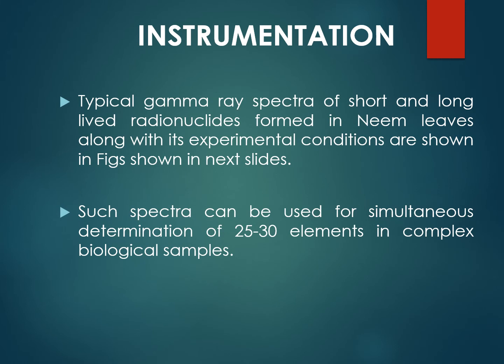The typical gamma ray spectra of short and long-lived radionuclides formed in neem leaves along with its experimental conditions are shown in the next slides. Such spectra can be used for simultaneous determination of 25 to 30 elements in complex biological samples.